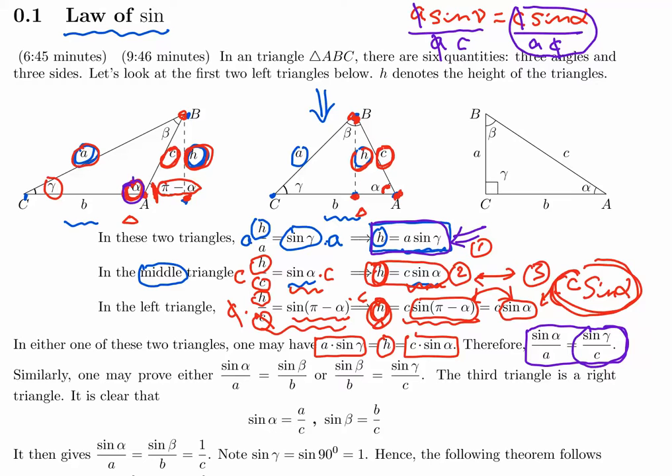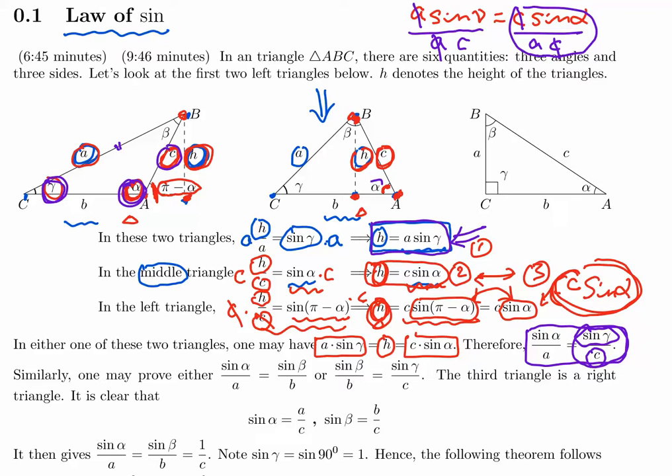So sine alpha divided by this opposite side equals sine gamma divided by its opposite side, c. Sine gamma, you see right here, divided by the opposite side of c. That's a very important property, and so is in this case.